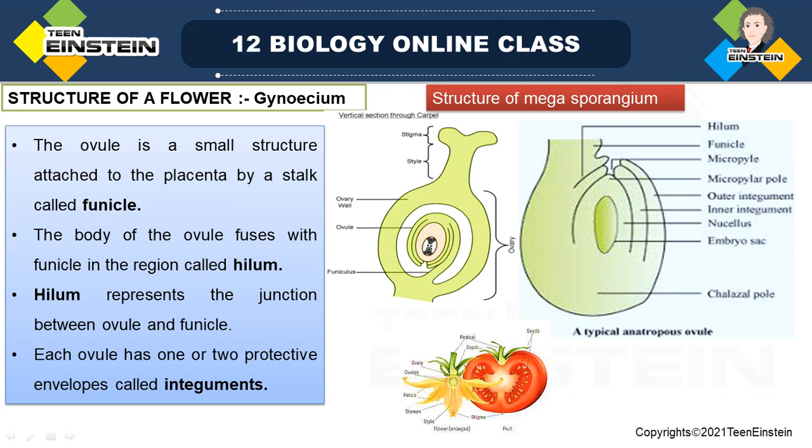The integuments leave an opening called the micropyle, and where the micropyle is present, that region is called the micropylar region. Exactly opposite to the micropylar region is the chalazal region or chalazal end.